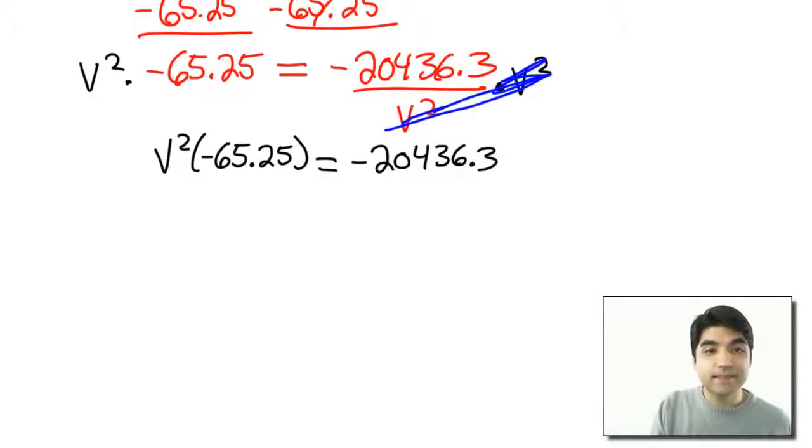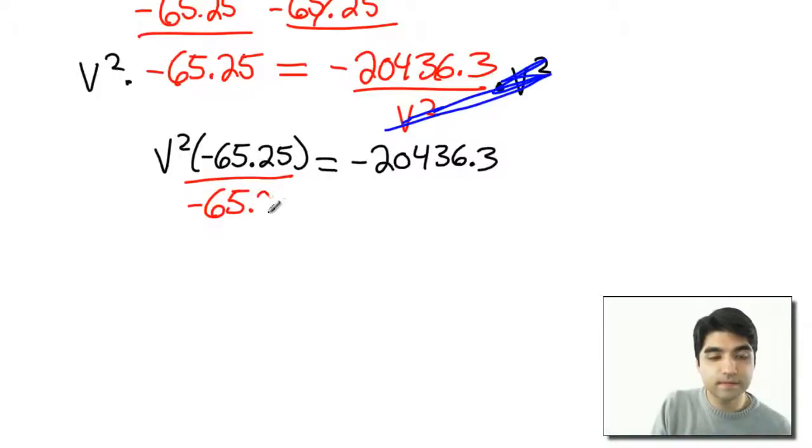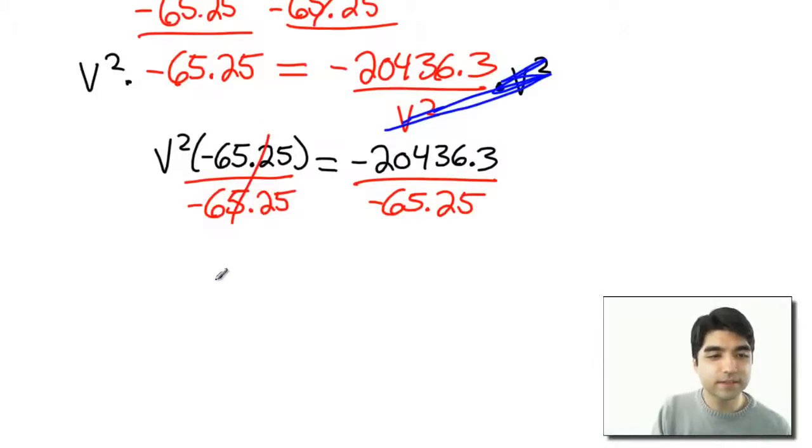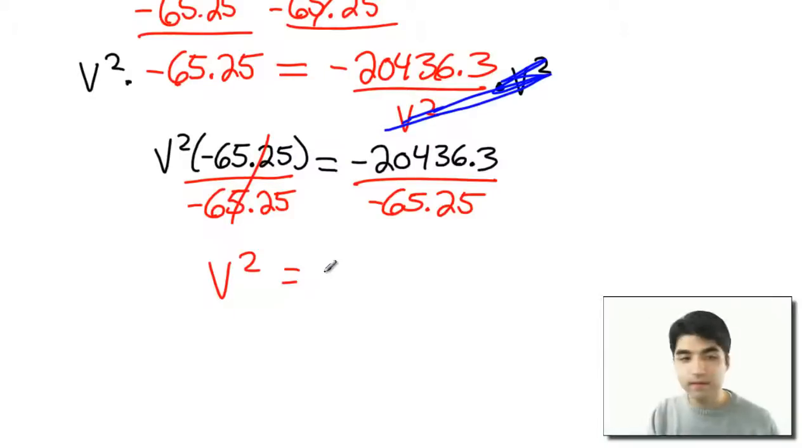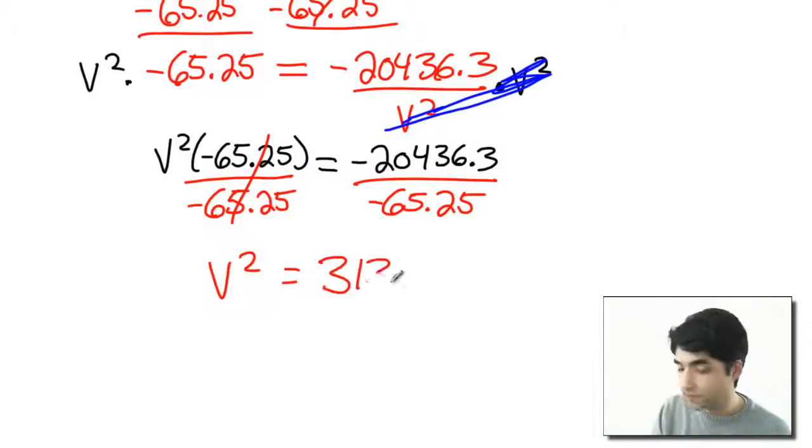Okay, so last step, we just need to get this negative 65.25 off of this side. So it's just some algebra you have to bust out. Cross that out. So we got v squared equals, then just calculate this number, 313.2.